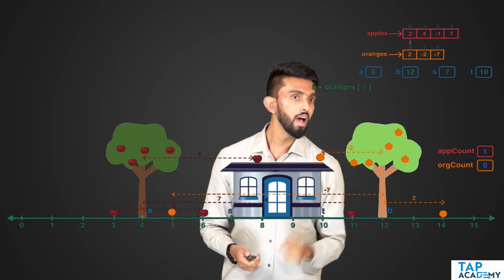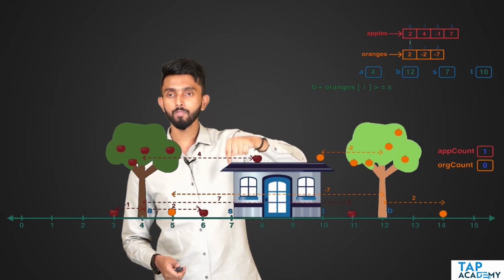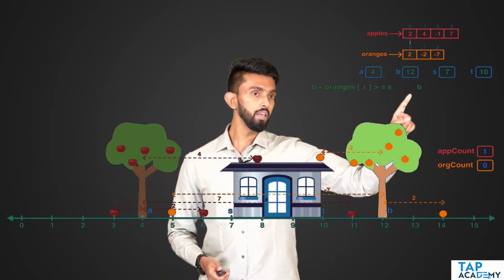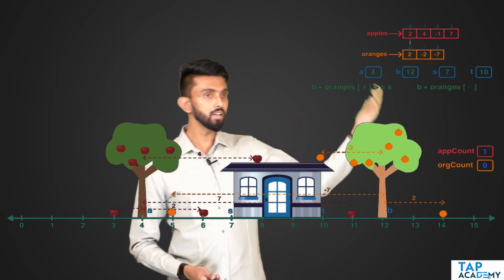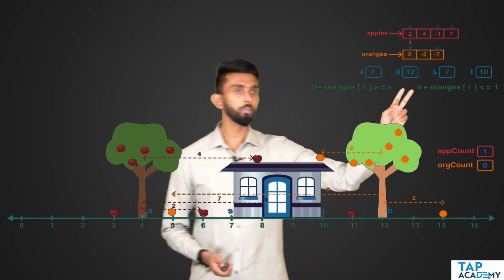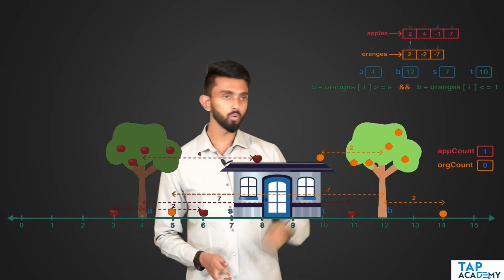Now I must check whether that is in this boundary to this boundary. So see, that's what I am writing. I will write greater than or equal to s, and that B, which is from here, plus the distance that the fruit fell, is it less than or equal to t, same thing, and obviously both conditions should be true.